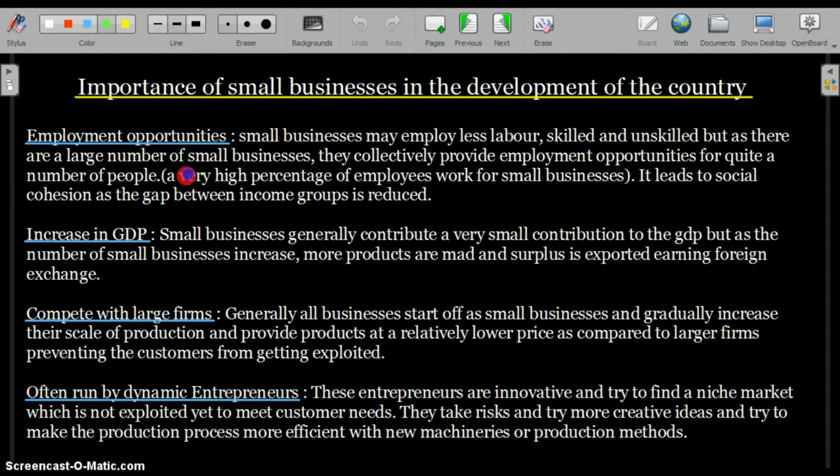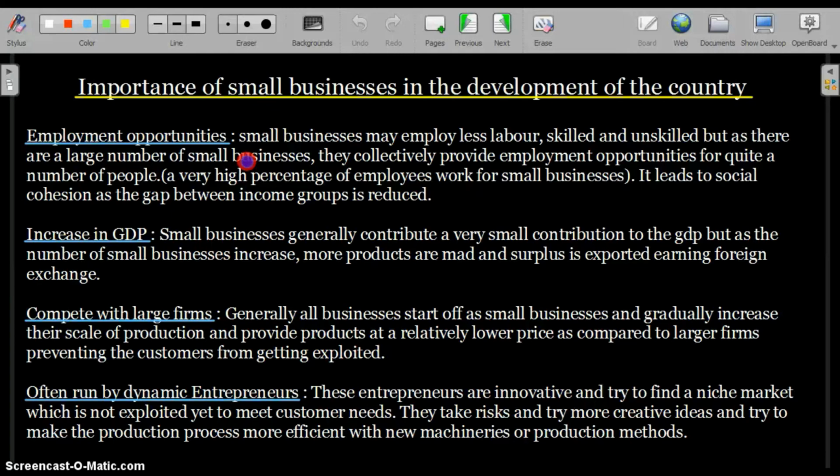Now, employment opportunities, some might say, why is that? Because small businesses only employ like 6 to 8 people, just a random number. But that's not the case. One small business might employ that, but the number of small businesses in a country is quite huge. Like in some countries it is 60%, in some countries 40%.